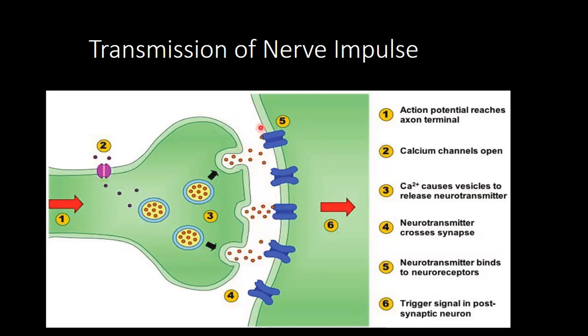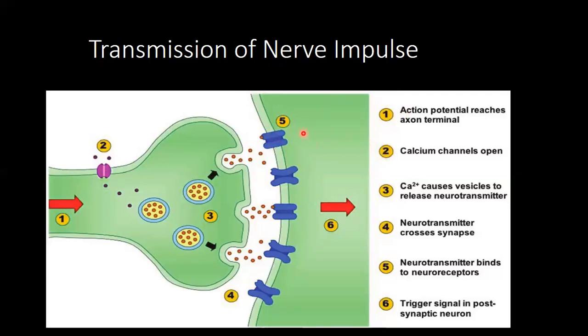Now we need to see, when it binds with the post part, what actions we can see. There are two possibilities: one, there is an influx of sodium, and the other, there is an influx of chloride ions. When sodium comes in, depolarization takes place, and when chloride comes in, hyperpolarization takes place.